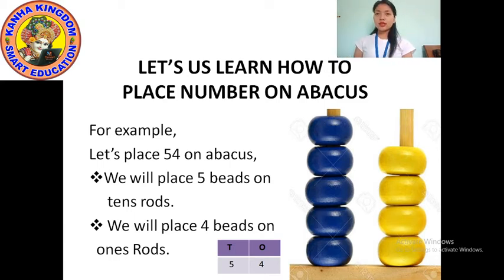Okay, student. In this way, see the picture of the abacus showing 54, having 5 beads in the tens rod and 4 beads in the ones rod.